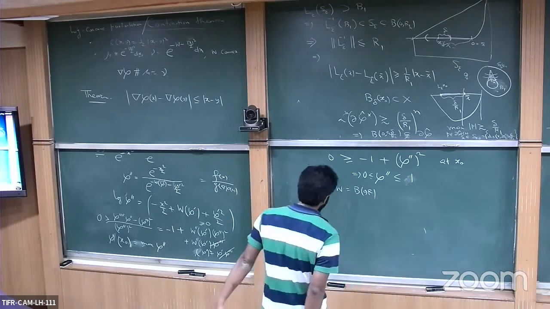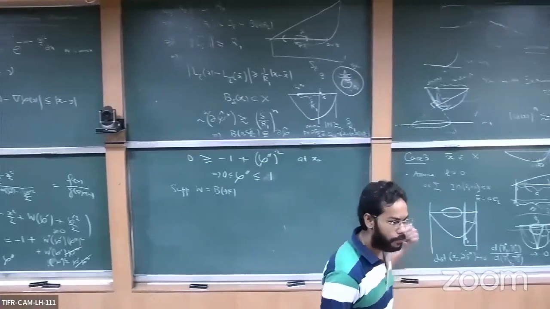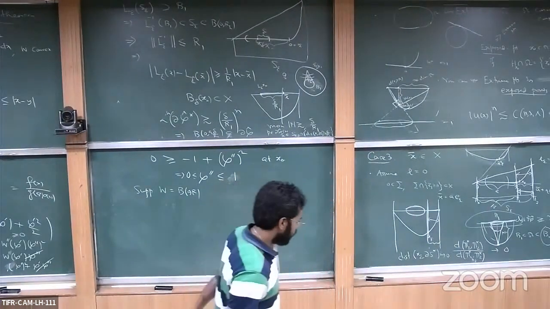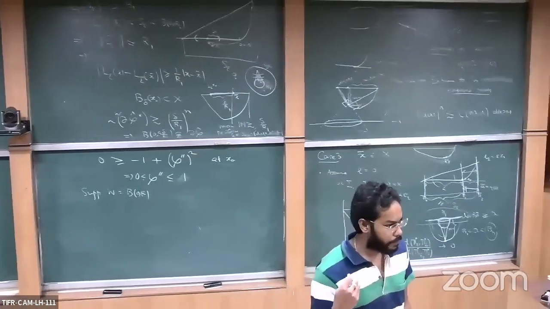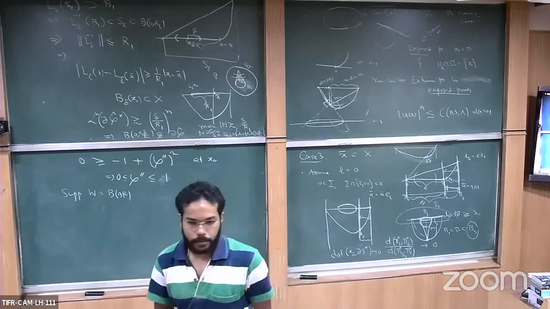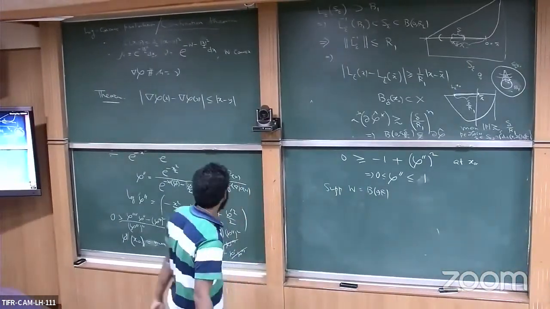You take a sequence of supports increasing, and you still get the result, because of the stability of maps that I mentioned yesterday, which converge in measure, and hence, up to a subsequence, converge pointwise almost everywhere, so the same estimate holds.